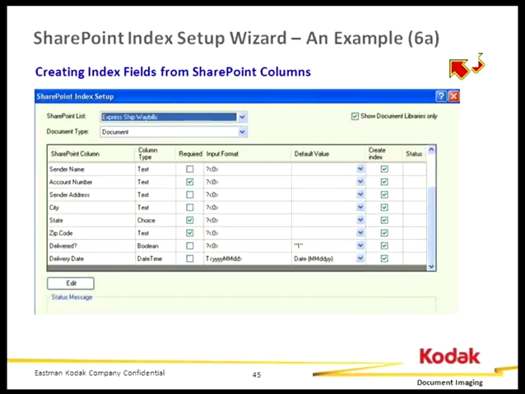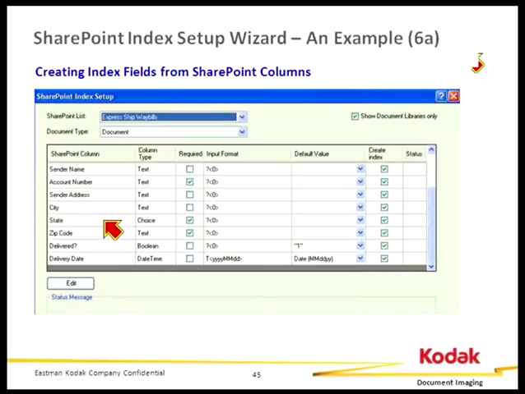There might be the modified user and the modified date. There's an ID for every single item that's stored in SharePoint. We won't display those columns because you probably don't want to create an index field from those overhead columns that are in SharePoint. But everything else is going to be shown here.